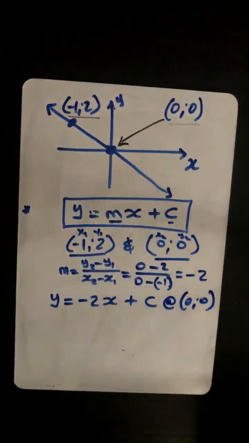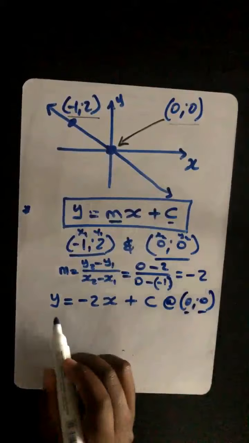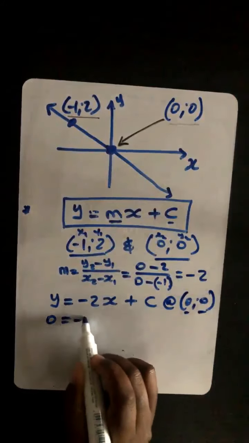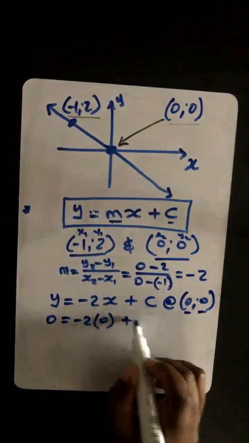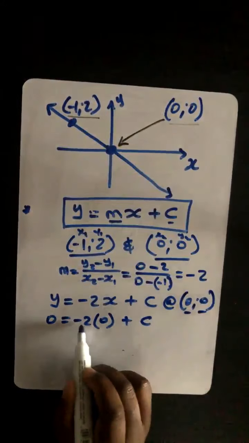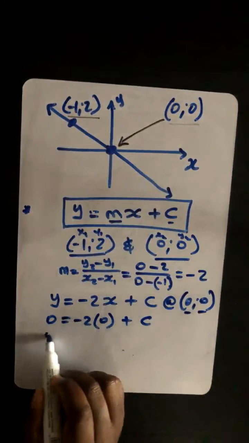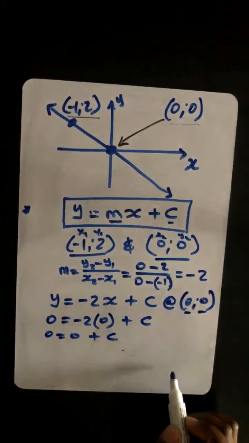I substitute my x value and my y value: 0 equals -2 times 0 plus c. Obviously this multiplied by that is 0, so you've got 0 equals 0 plus c. So you're just solving for c.